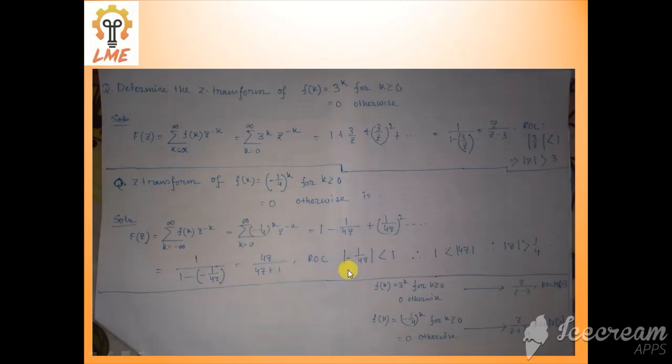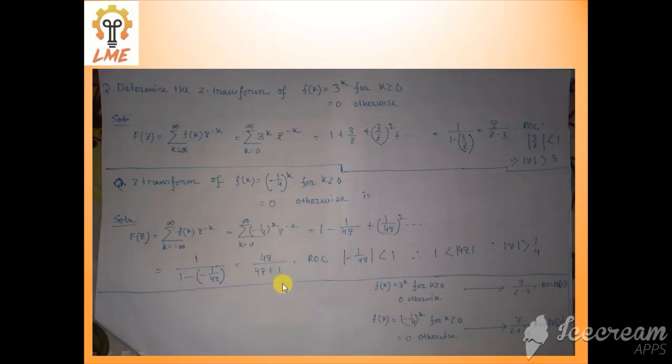Again, the ROC is mod of minus 1 by 4z less than 1. From here you can conclude mod z is greater than 1 by 4. That means the z transform of f(k) equal to minus 1 by 4 to the power k for k greater than or equal to 0 is 4z by 4z plus 1, and this z transform only exists when the ROC is mod z greater than 1 by 4.